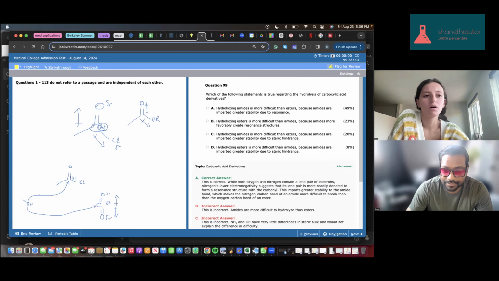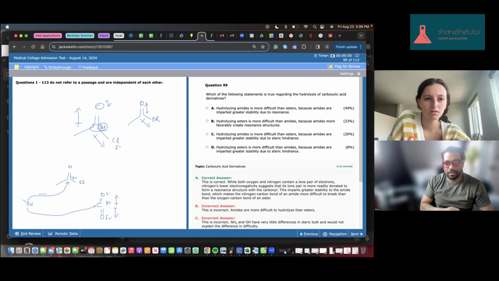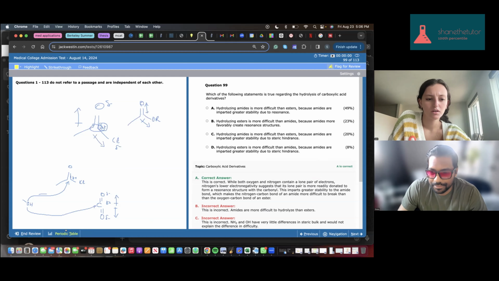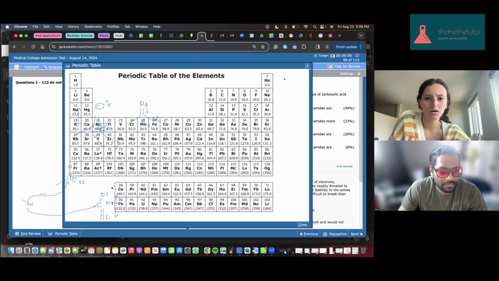How come? Isn't oxygen more electronegative and now there's two of them? Are you comparing oxygen to chlorine? Well, chlorine is more electronegative.